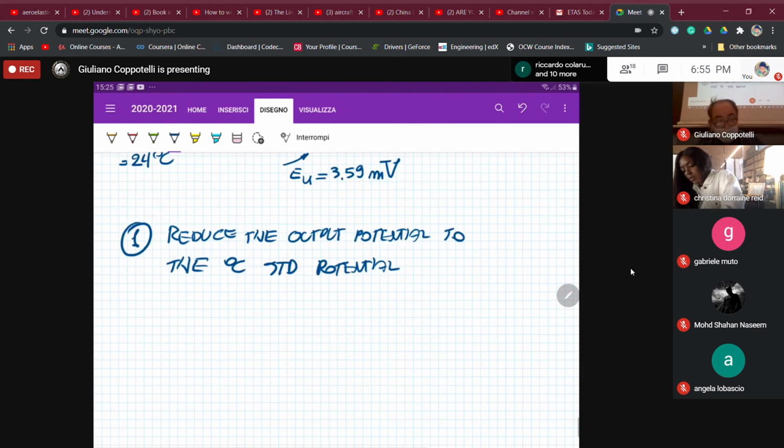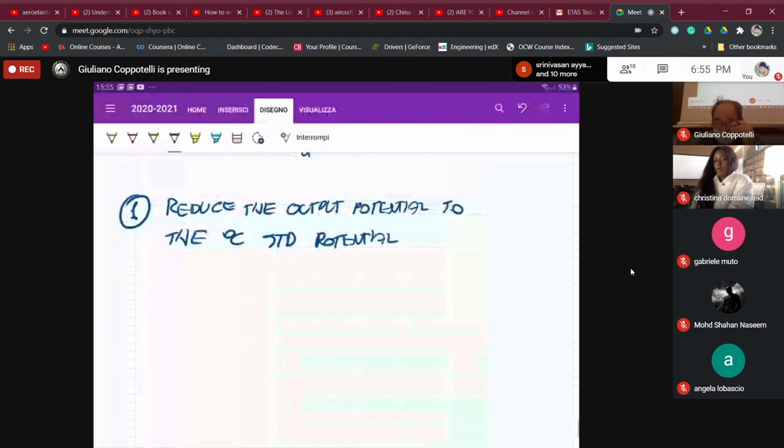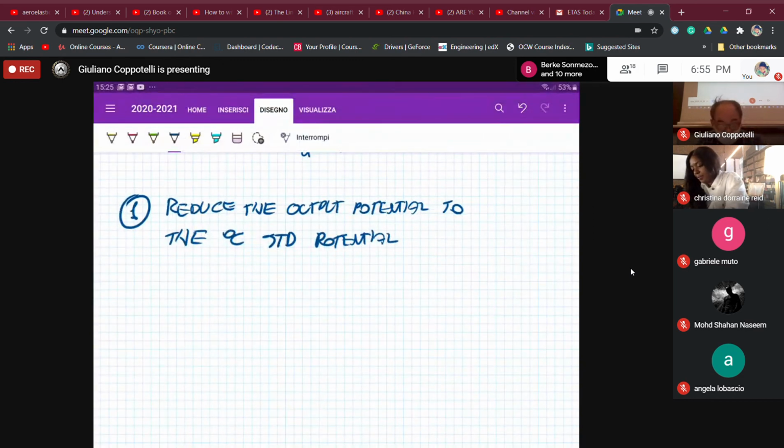How can we do that? For example, as I said before, using tables, or something that has been previously memorized in your program. And the tables are, for example, of this shape.